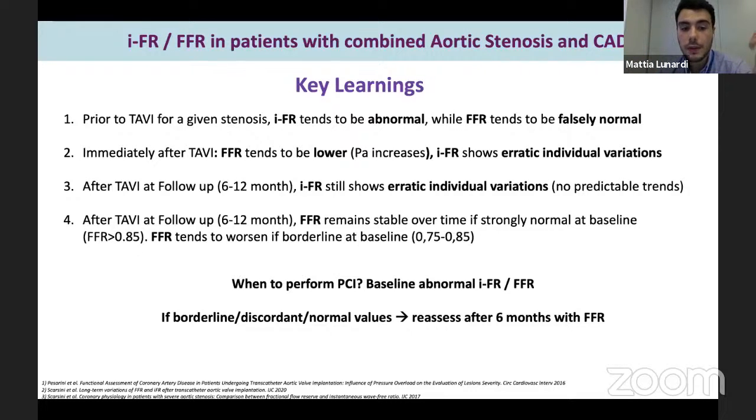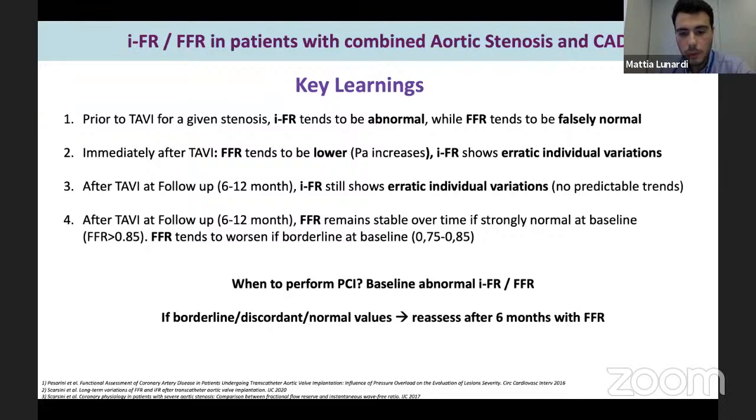While if the FFR at baseline was borderline, between the values 0.75 and 0.85, it tends to worsen over time, and you can find an abnormal FFR after 1 year from TAVI that was normal prior to TAVI.